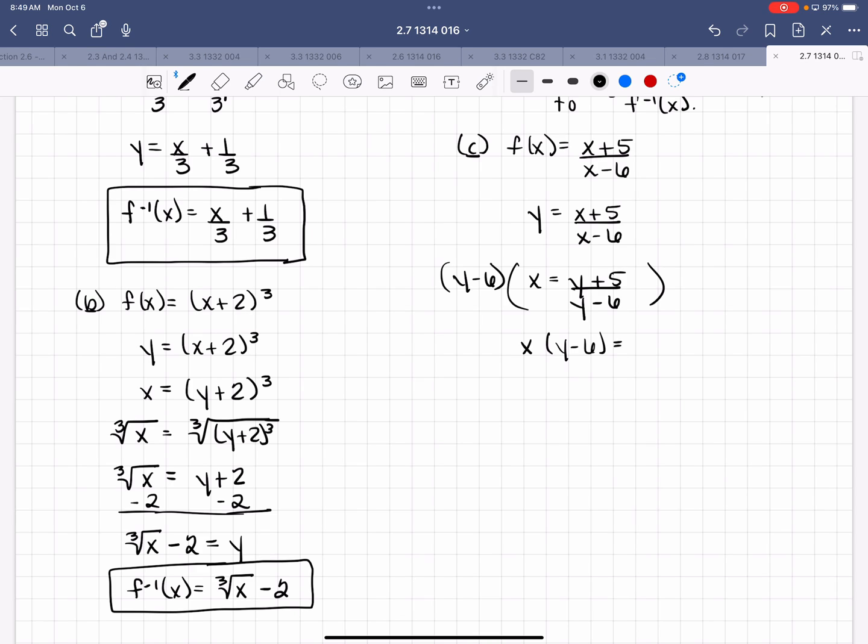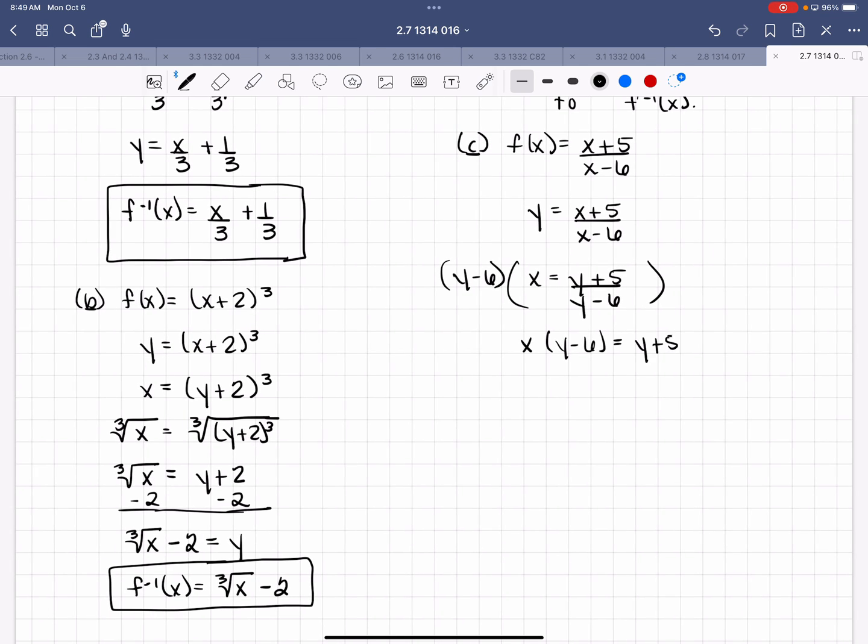Now on the right-hand side, that's the reason I multiplied times y minus 6, to get that y minus 6 out of the denominator. So that y minus 6 in the numerator and the 1 in the denominator, they divide out and cancel and make 1. So that's going to leave me with y plus 5. Things are looking better. No more fractions.